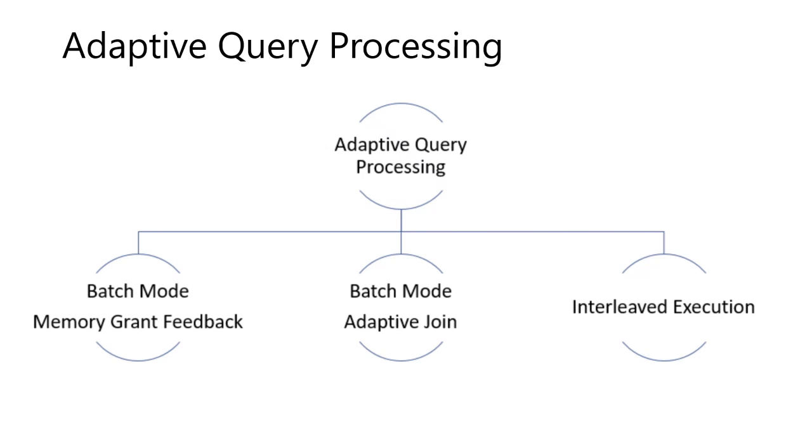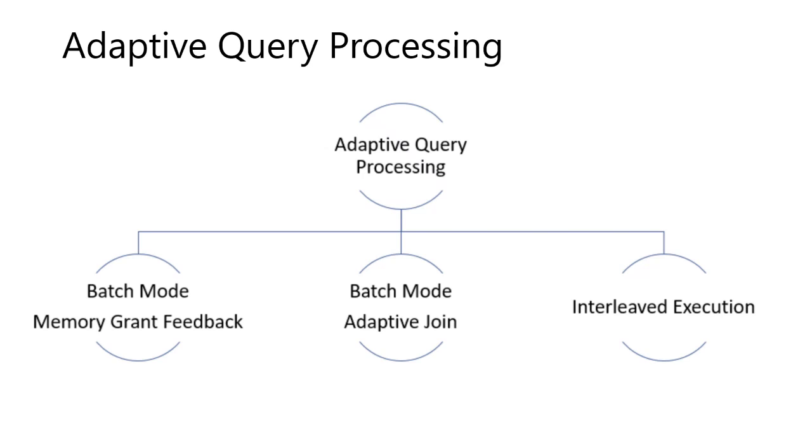But then let's say that tables get populated and we have many more rows returning on that join, right? Well, maybe at that point, it will be better to use another type of join. But you don't have this in the plan that is in cache, right?